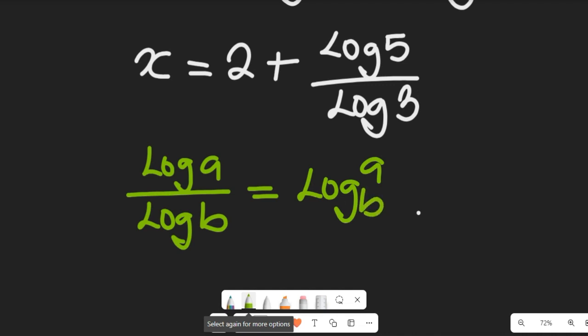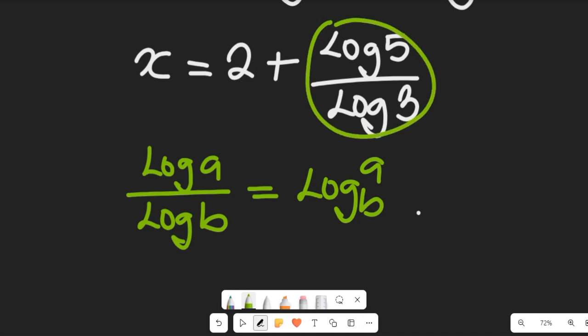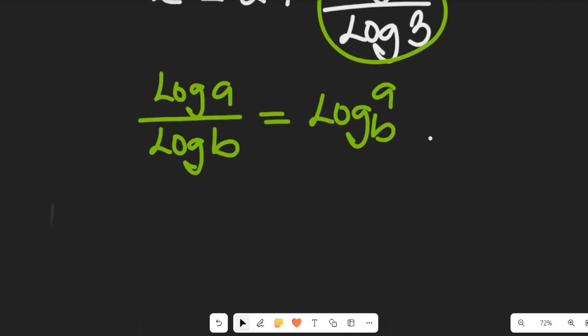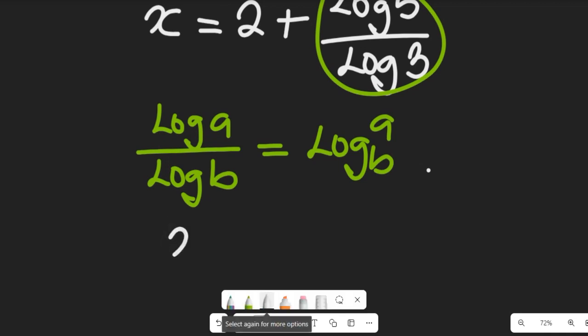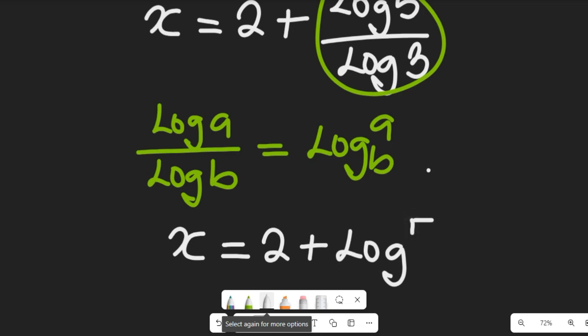If we apply that over here, we're going to have that whole expression now equal to x equal to 2 plus the log of 5 base 3.